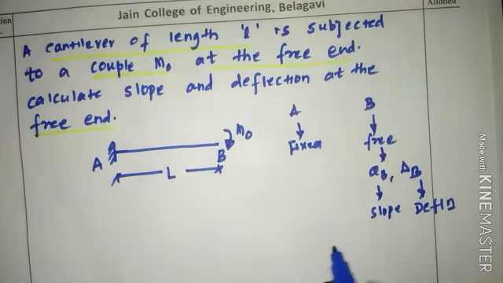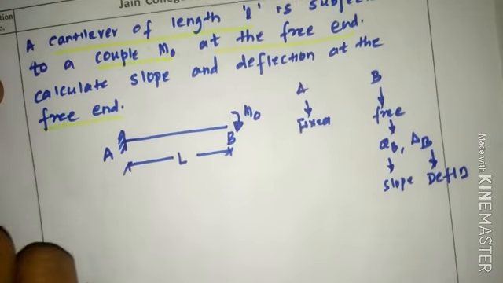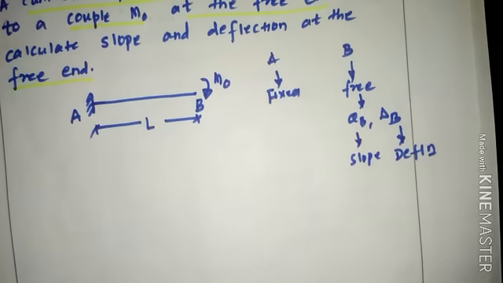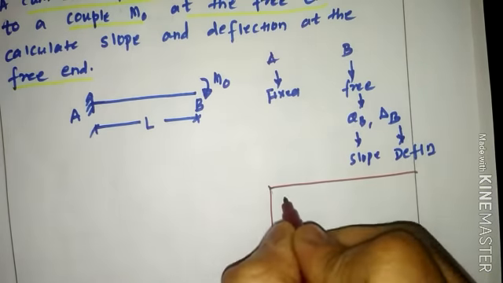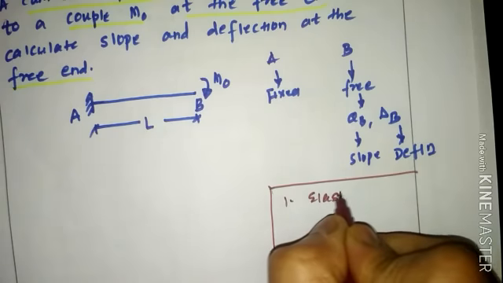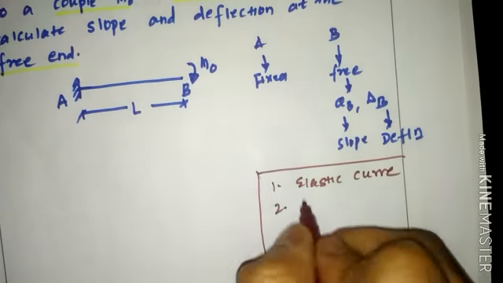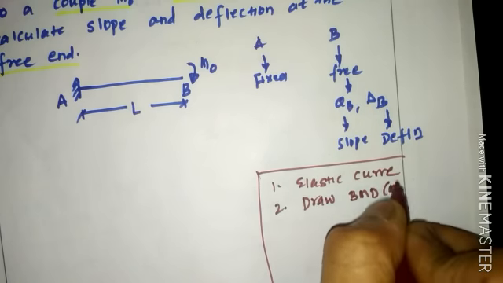Before proceeding to the calculation, we need to know the steps involved. It is a 7-step procedure that we follow. First step is to draw the elastic curve. Next step is to draw the bending moment diagram, that is BMD, what we call the M diagram.